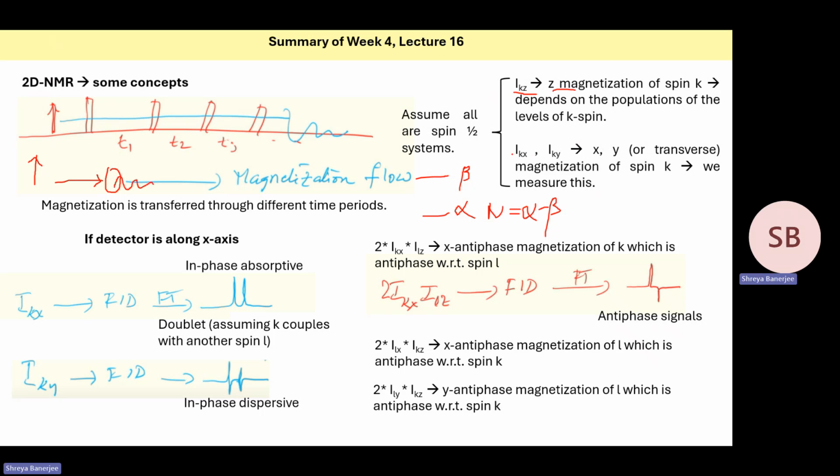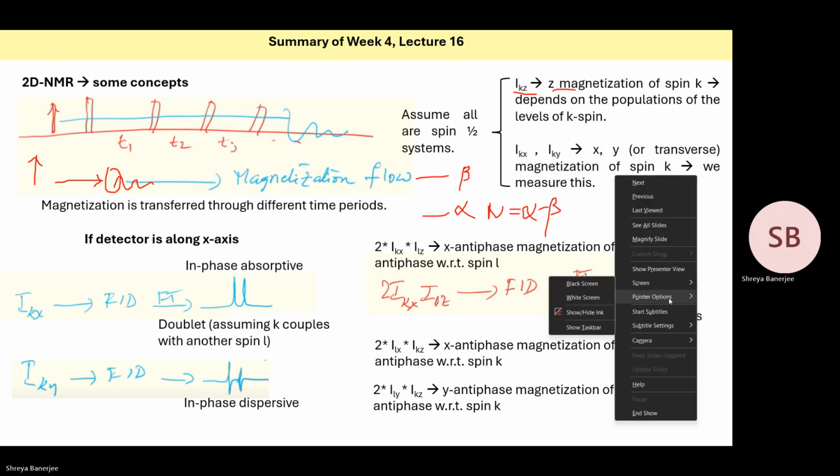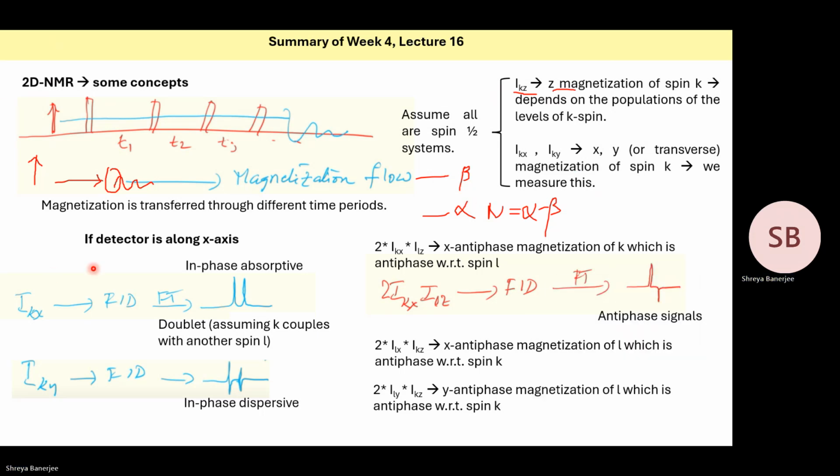So IKX or IKY is the one that is being measured. If the detector is along the x-axis, the magnetization in the x direction will appear as an FID.